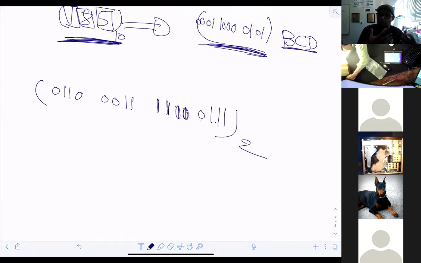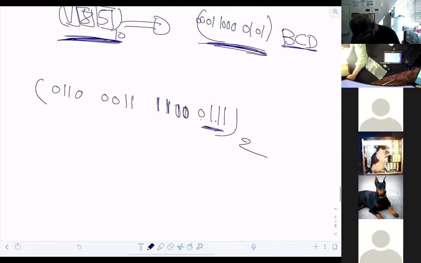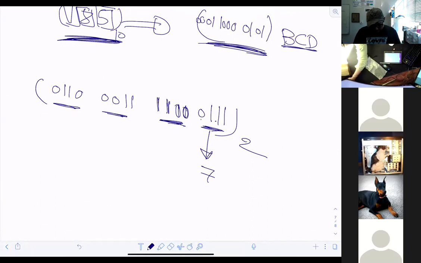So every 4 digits of the binary will give me a digit in the BCD. Do you agree? This number is 7, between 0 to 9. Do you agree? So I'm going to put it here as a 7. This number is 12.